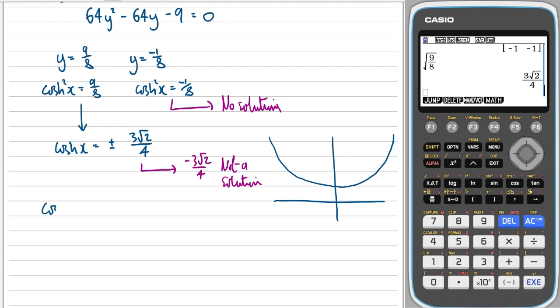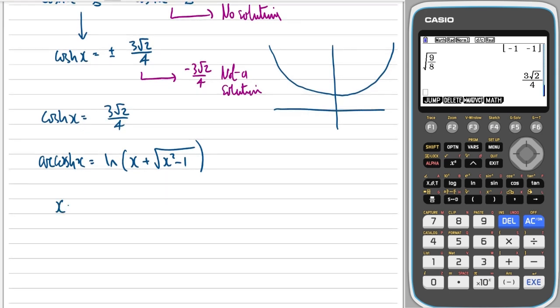So we have that cosh x is equal to positive 3 root 2 over 4. And from our formula booklet, we know that arcosh of x is equal to ln of x plus the square root of x squared minus 1.